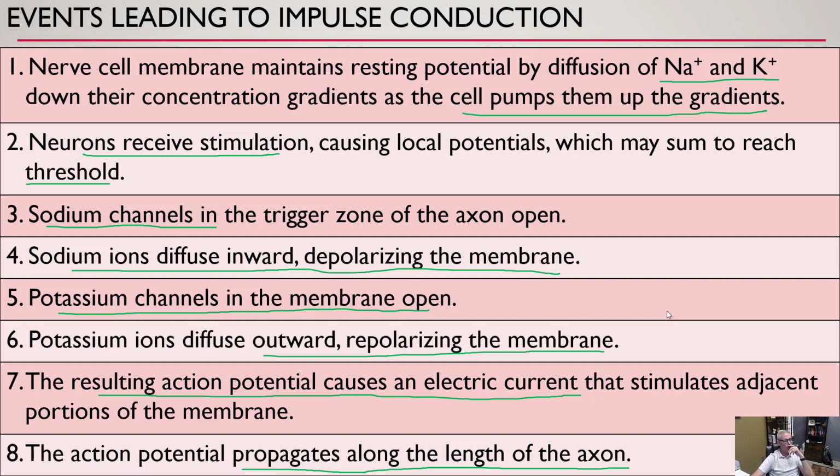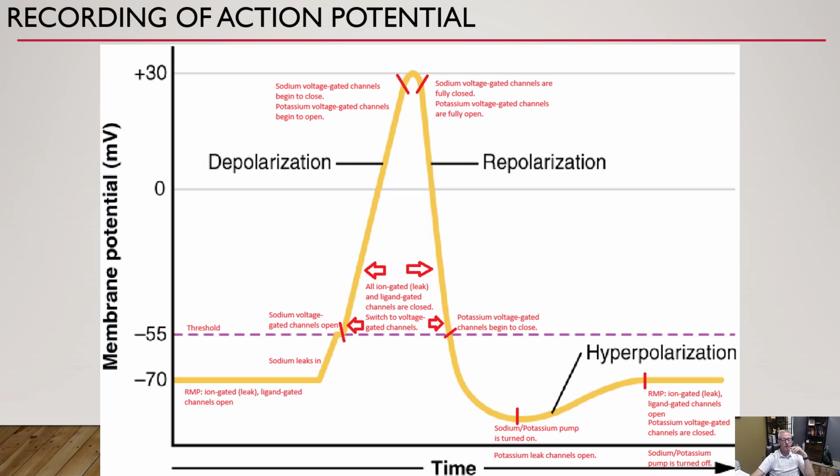So you might want to know this chart. Here's a summary slide of everything that we have talked about. At your resting membrane potential of negative 70 millivolts, we have our ion-gated and ligand-gated channels open. Then at some point, sodium's going to leak in. Once we reach threshold at negative 55, all of our ion-gated leak channels and ligand-gated channels are going to close, and we're going to switch to our voltage-gated channels.